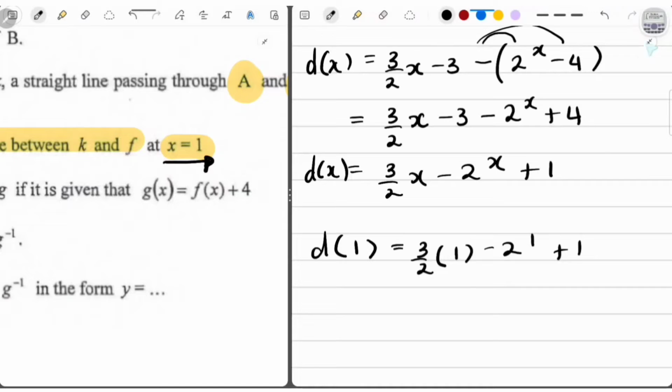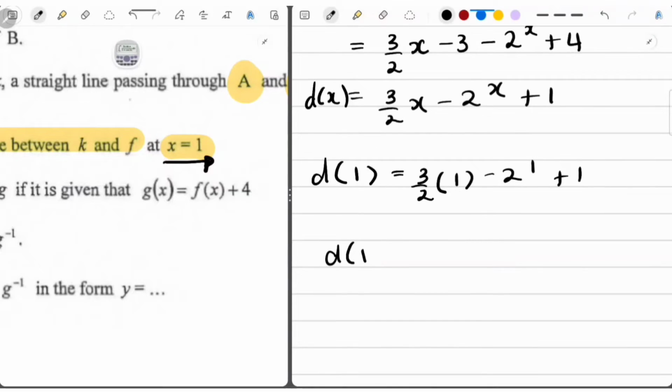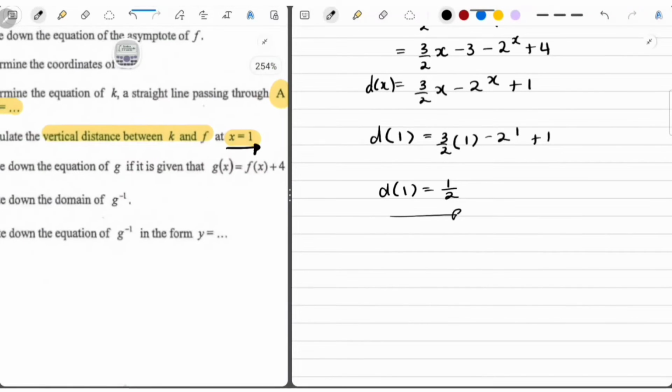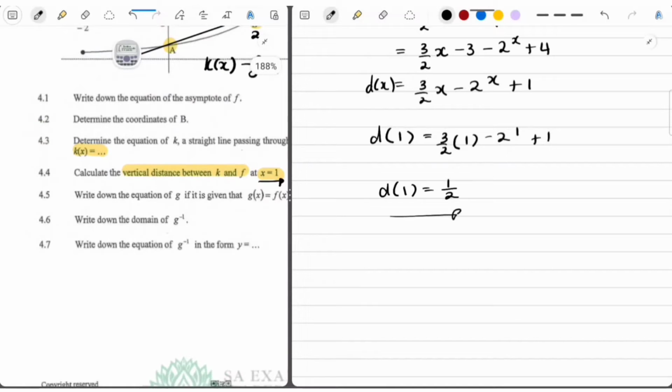Now that all of that is in, I'm just going to use the calculator. This is equal to 1 over 2. And so that is it. The vertical distance is a half. Okay, so that's what we get.